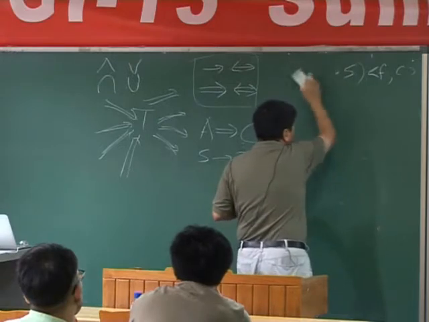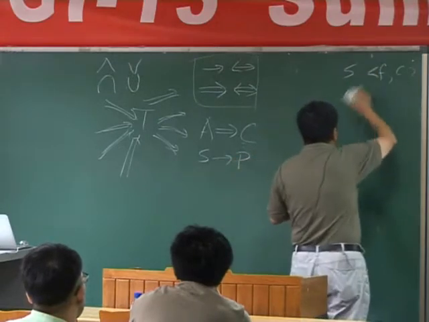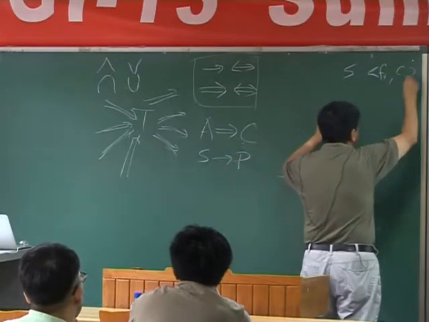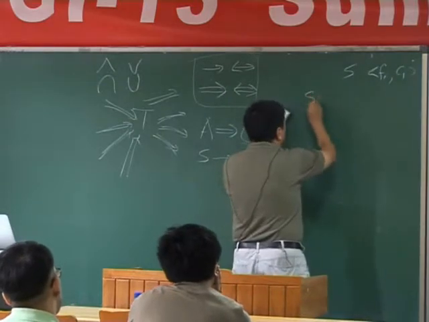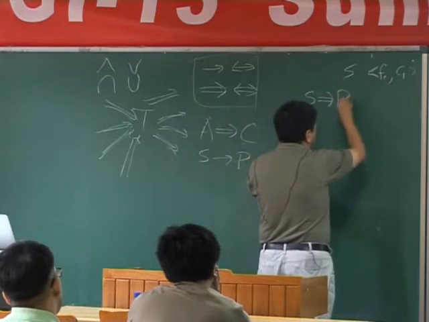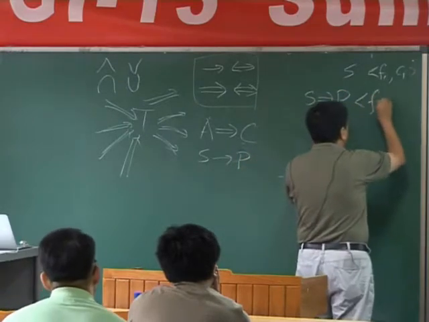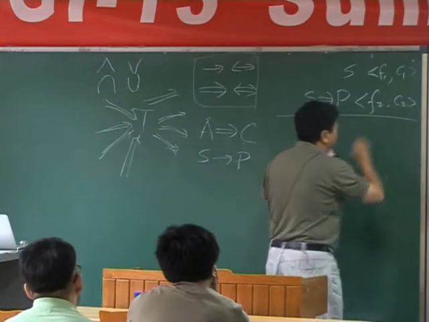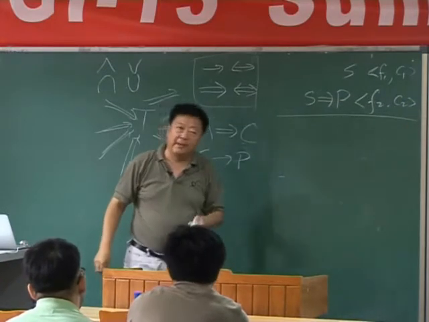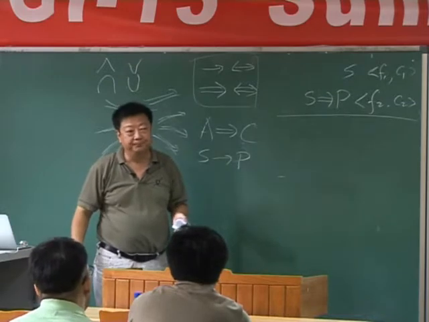If I know S to a certain degree, and I know S implies P to a certain degree, what do you expect the system to derive?